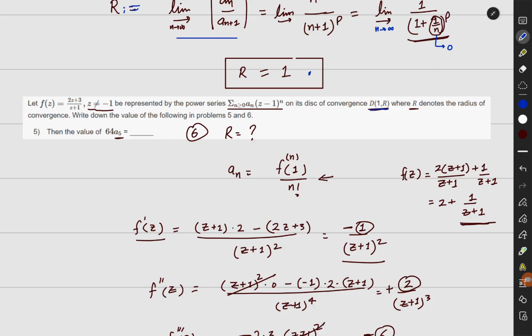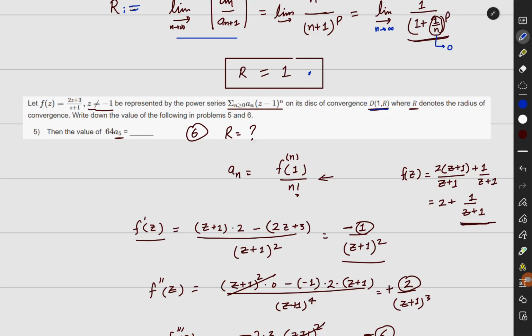In that way we calculated, as a corollary, that the coefficients of the power series can be obtained from the derivative at that point divided by n factorial.